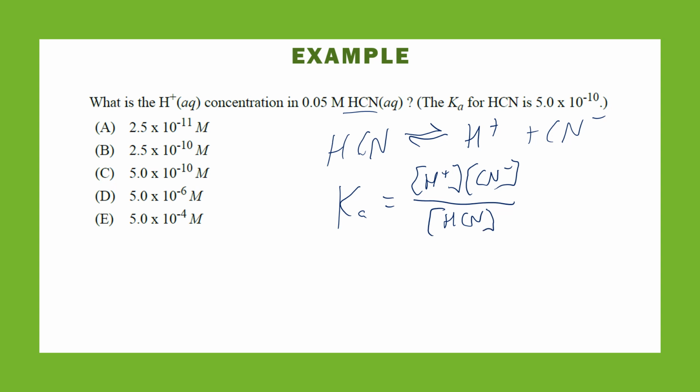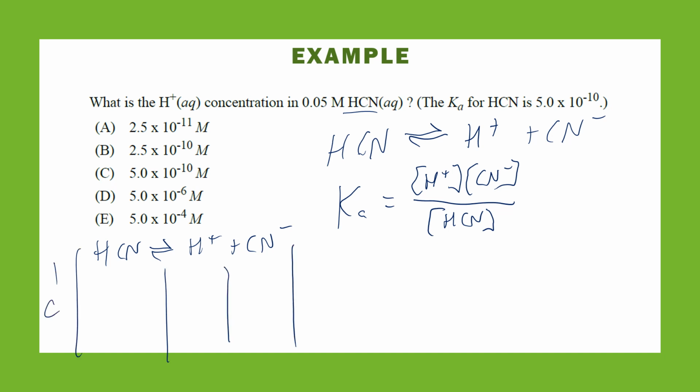And let me go ahead and write out this reaction again. If I were to have this present at equilibrium, I can use an ICE chart. I have 0.05 molar HCN to begin with and none of the hydrogen or cyanide. We assume that the instant that you make that solution, none of it has dissociated yet, but some of it will.